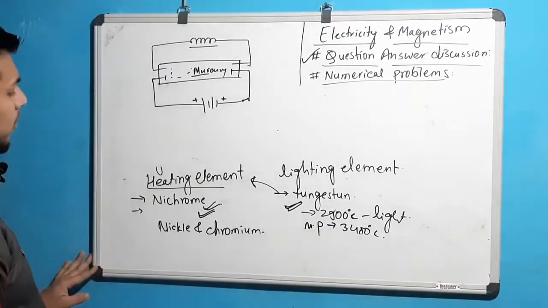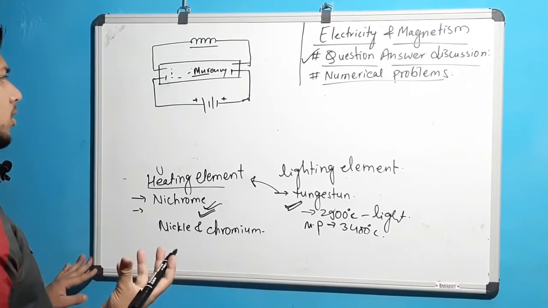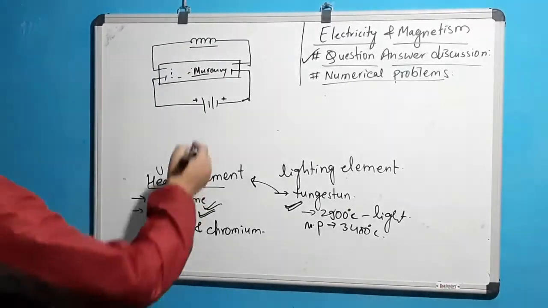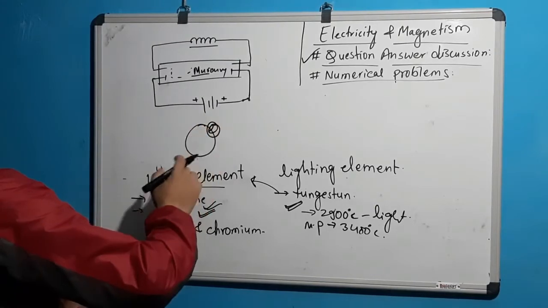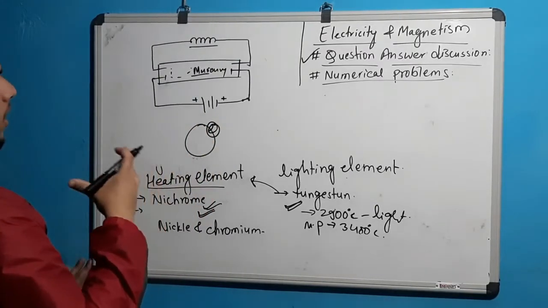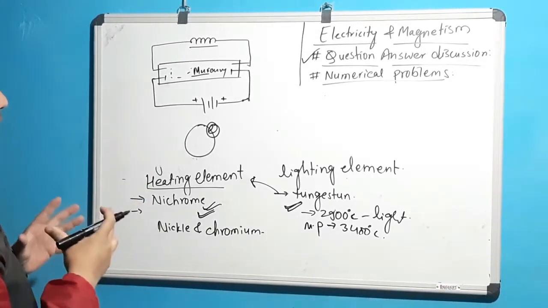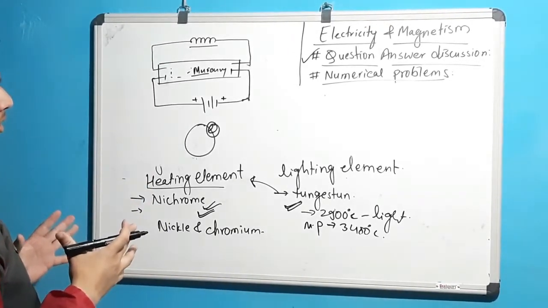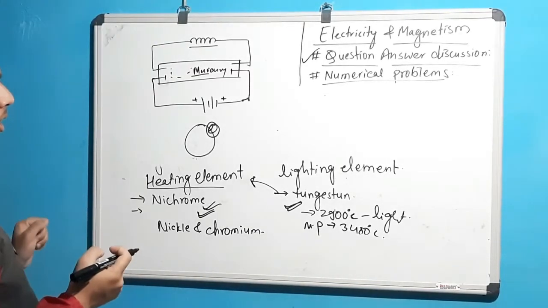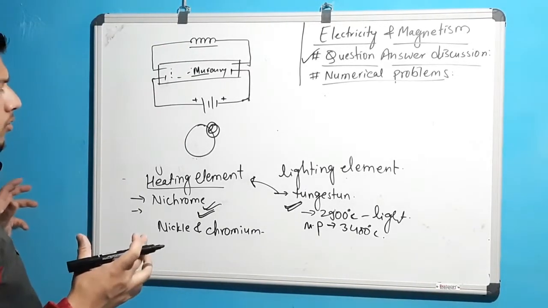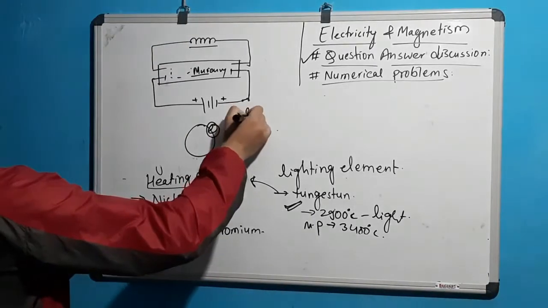Then in the mercury vapor, electrons are excited. The atom has electrons, and these electrons start to move. While these electrons move, they strike each other. When the mercury atoms collide with one another, the electrons also start colliding. Then there is the production of UV rays.